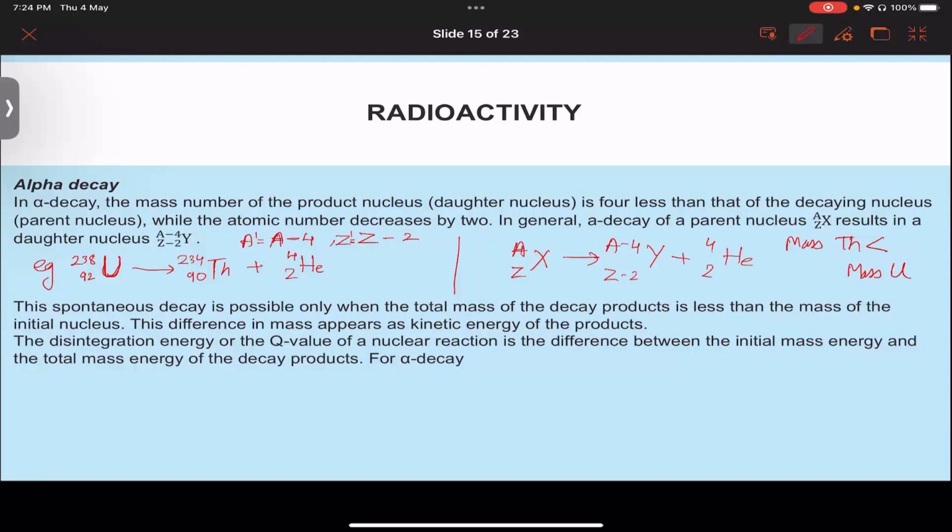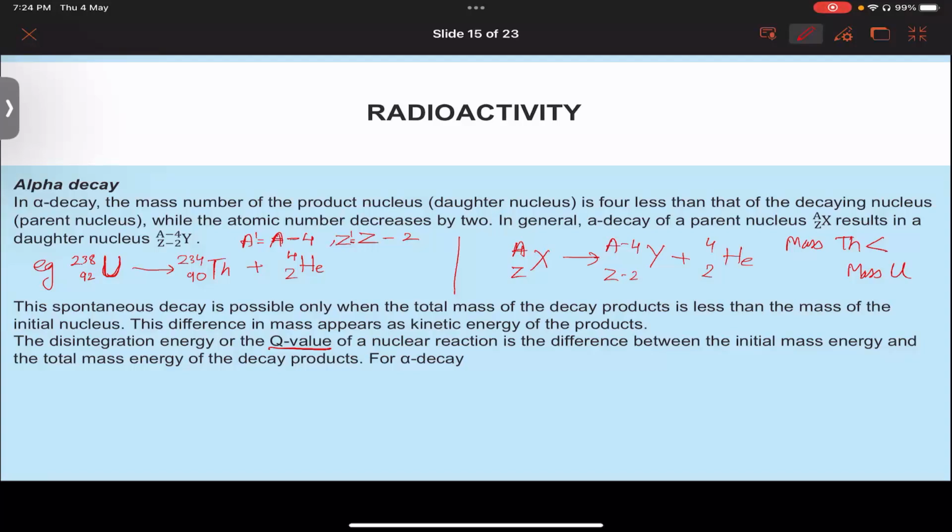Then the disintegration energy, also called the Q value of a nuclear reaction, is the difference between the initial mass energy and the total mass energy of the decay products.